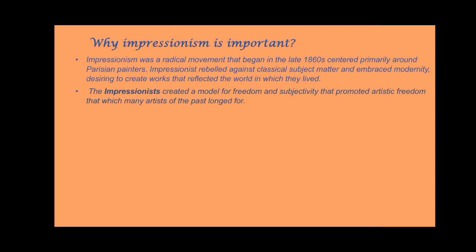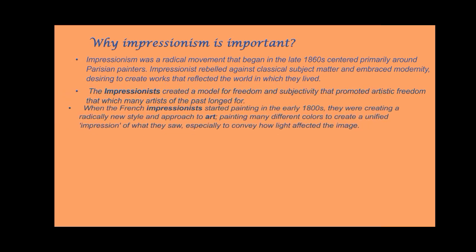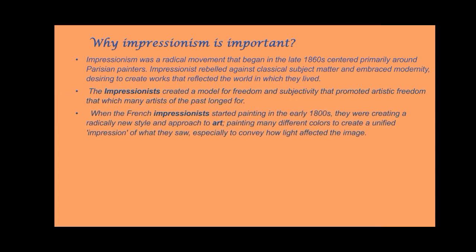The Impressionists created a model for freedom and subjectivity that promoted artistic freedom, which many artists of the past longed for. When the French Impressionists started painting, they were creating a radical new style and approach to art, painting many different colors to create a unified impression of what they saw, especially to convey how light affected the image.